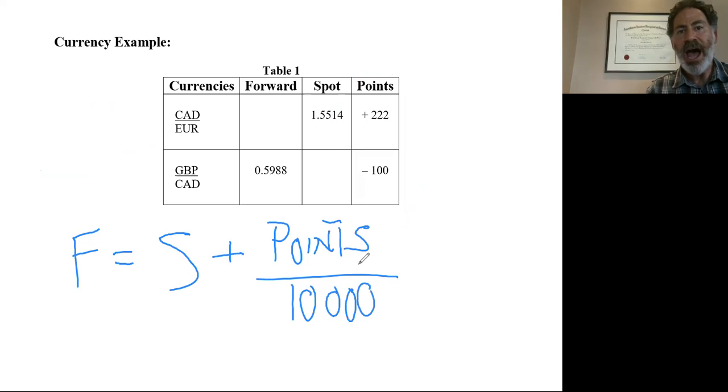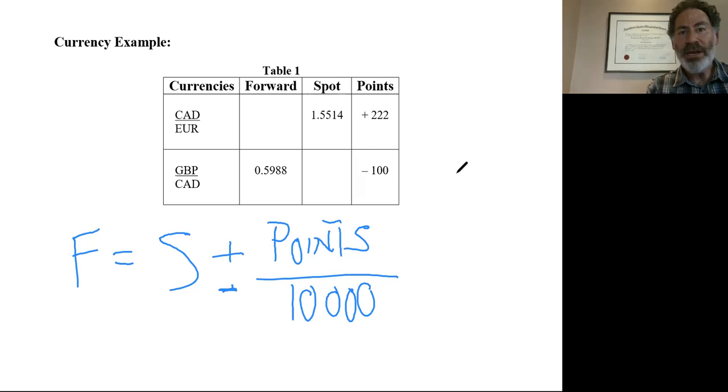I'm writing it as plus here because what you'll notice in terms of the points is there's a plus sign and there's a negative sign. So if it's a plus sign, then we're adding it. If it's a negative sign, then we're subtracting it. Sometimes you'll see this written as plus or minus the points. The plus or minus refers to the plus or minus sign in front of the points. Okay, there it is. That's what I just wanted you to be aware of.